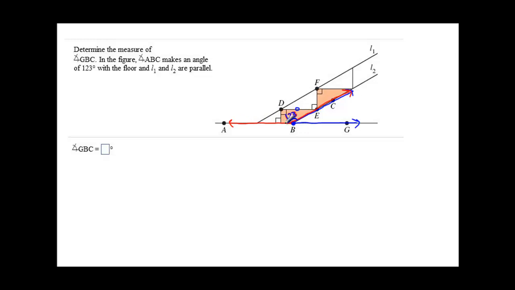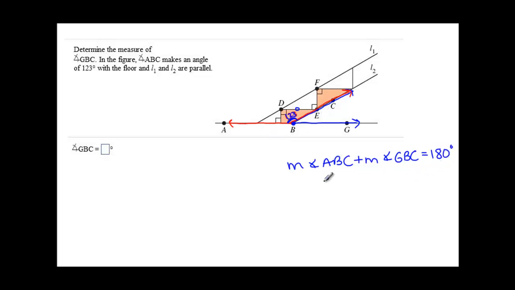Looks like angle ABC and angle GBC are supplementary angles, which means that the measures should add up to be 180 degrees. So we would have the measure of angle ABC plus the measure of angle GBC should equal 180 degrees.